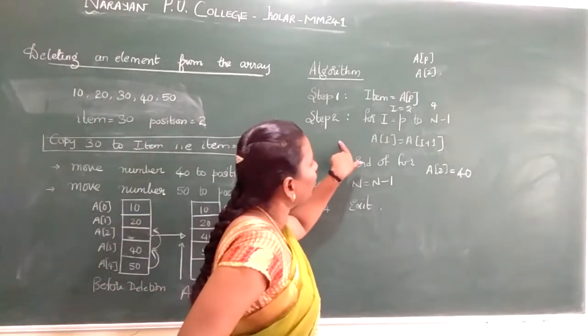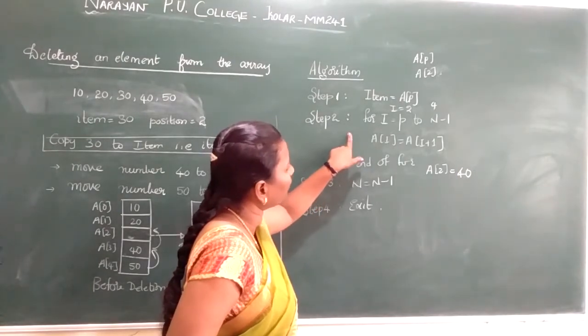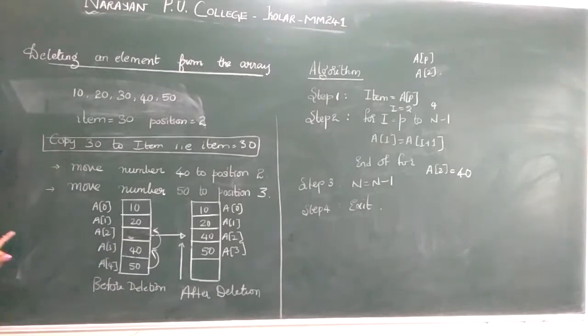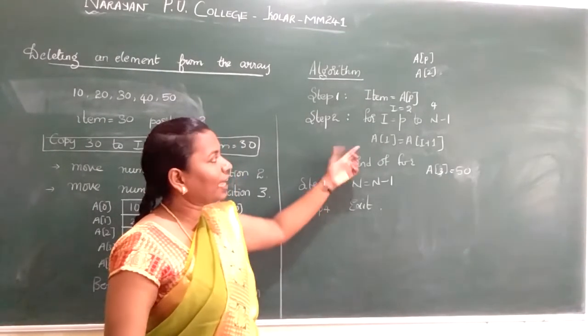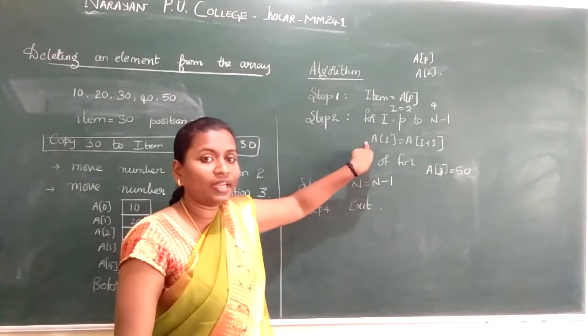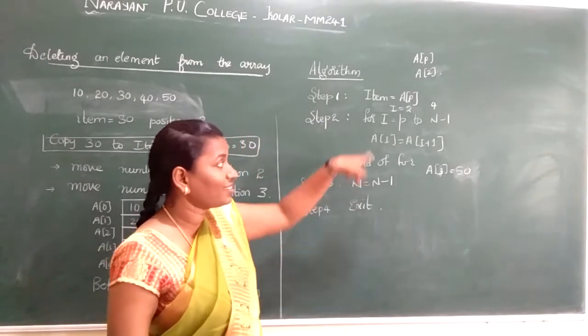Again, your for loop you have to increment. In the previous case of insertion, I value gets decremented, here I value gets incremented.